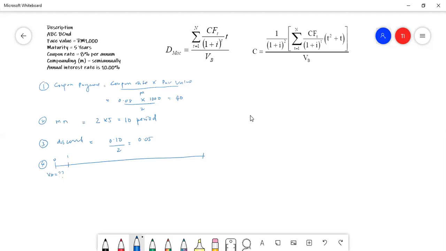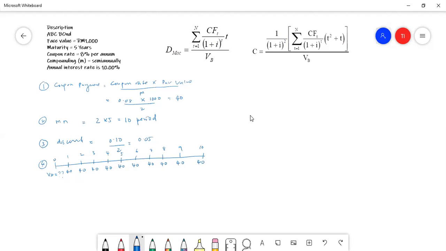You have year 1, year 2, year 3, year 4, year 5, which is period 1 to 10. In each period we have the annuity payment, which is the coupon payment of 40, from period 1 until the end of maturity, which is period 10, year 5.